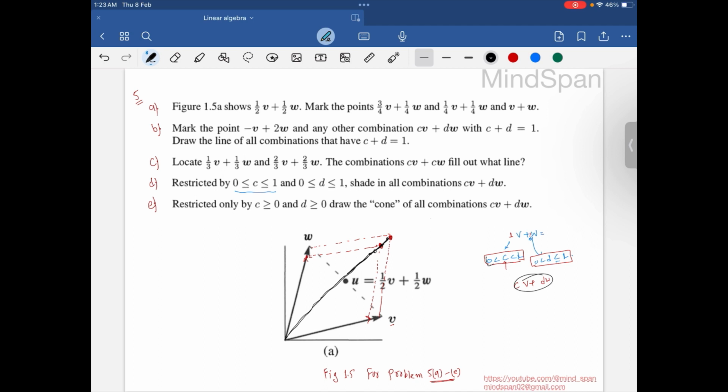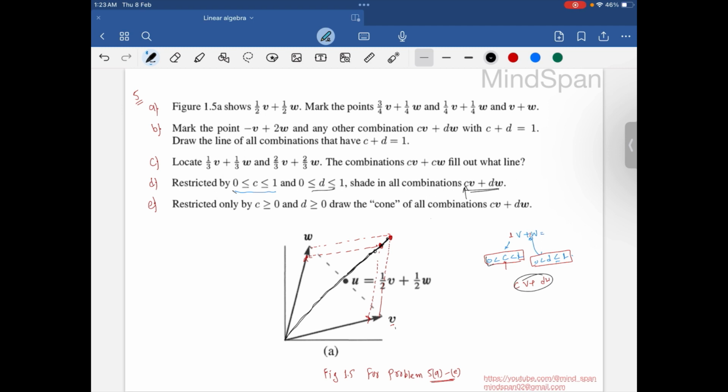So there are these kinds of questions, so you will have an idea what space is going to be acquired by the linear combination of this v and w with some constraint on the value of c and d. It depends on this c and d what space you are going to get, and also it depends on the vectors v and w. So you should definitely try this question number 5.